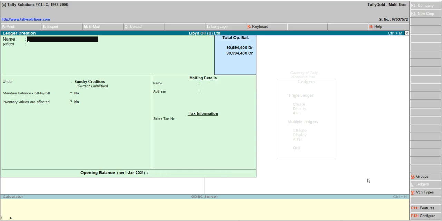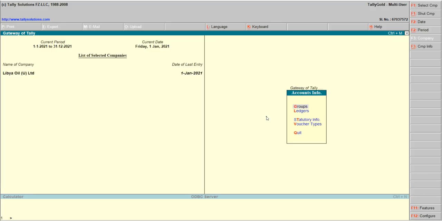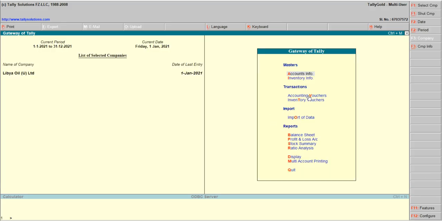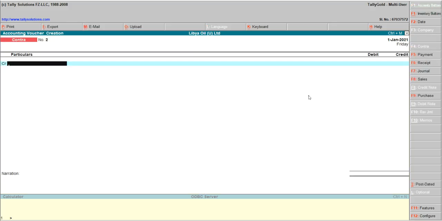Address. So you can now enter, escape the ledger creation window, then go back to the Gateway of Tally, transactions, accounting vouchers. Now you're purchasing a motor van on credit from Hayat International Uganda Limited.